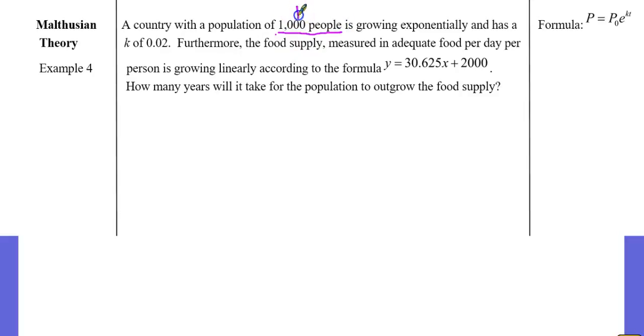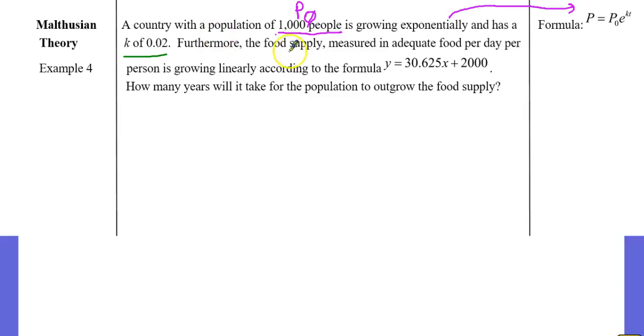Is it the maximum? We're not talking about an epidemic. The initial population is growing exponentially. Yep, we know that based on the formula we were provided, and has a constant growth rate, right? An annual growth rate of 0.02. That's 2 people per 100 people. You with me? 0.02 is 2 people per 100 people.